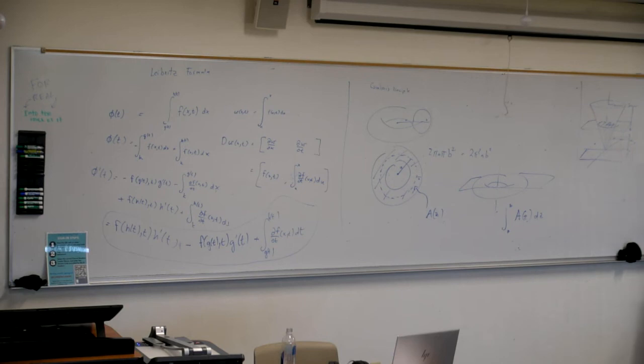So the formula for the area of the cross section as a function of z would just be pi times the radius squared, which is exactly this expression. So then Cavalieri's principle just allows you to say that we're just going to integrate this as z goes from 0 to b. And that should give us the volume.